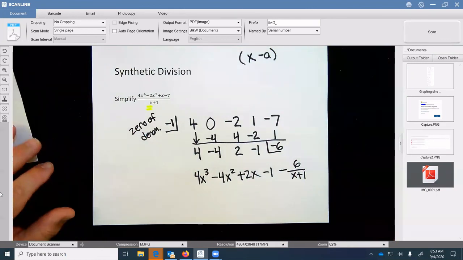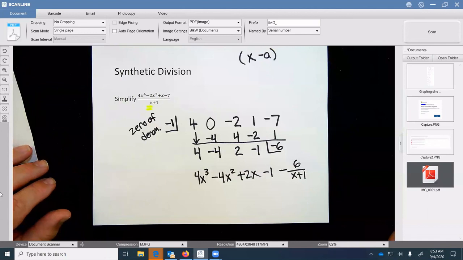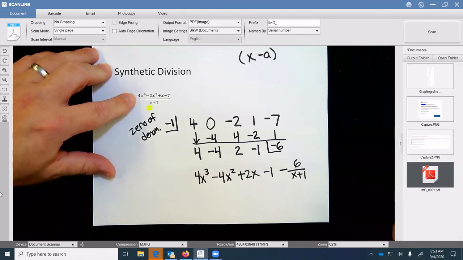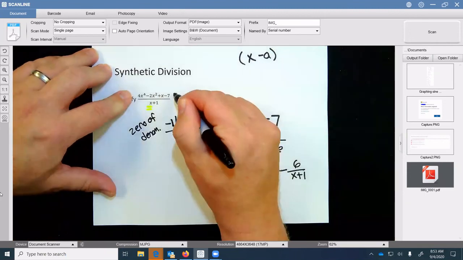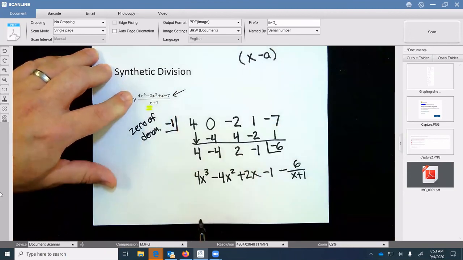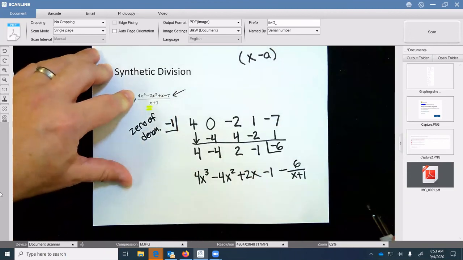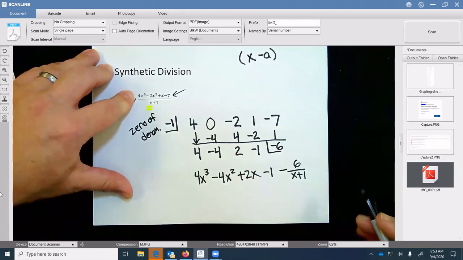The other part of this, which is very, very useful, is that if you plug in -1, so if I go to this equation and I plug in -1, I'm going to get the remainder.